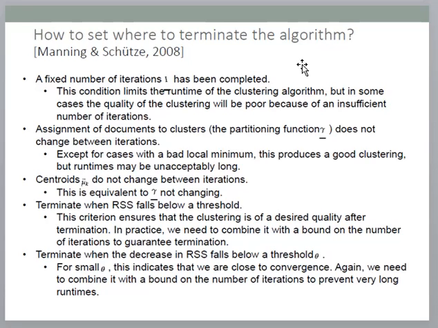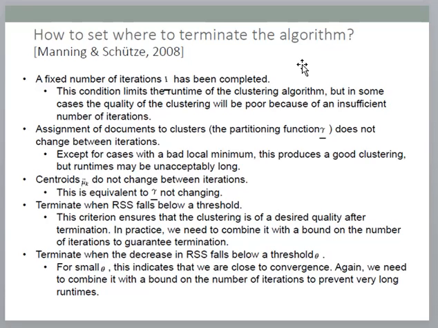So if it is far away from convergence, then the results of my clustering algorithm will be very poor, and maybe so poor that those results are not even acceptable to me. So this is the biggest problem when you have a fixed number of iterations. In that case your algorithm may result in poor results.